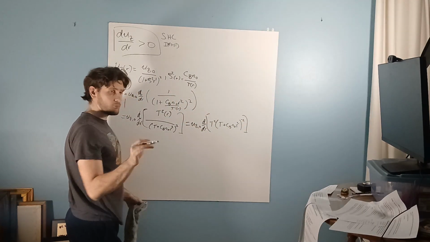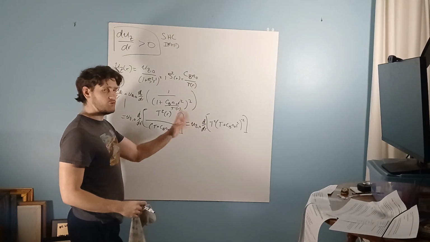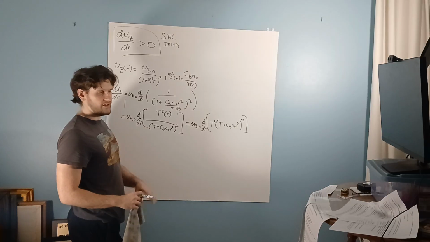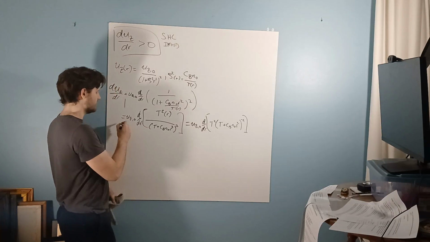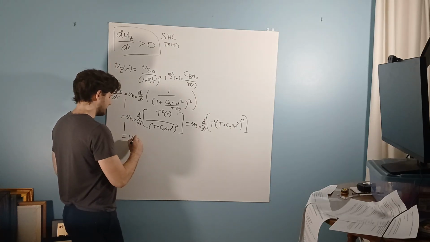Now remember that T is a function of r. So the derivative of T squared is not 2T, it's 2T times T prime, where T prime is the temperature gradient in this framework.